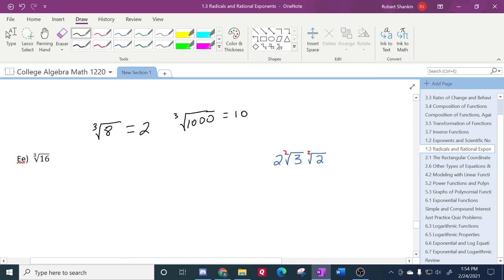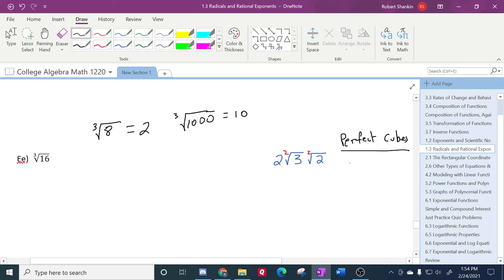Now, when we have cube root of something, we want the number that times itself 3 times is 16, but we're going to have to look at not a list of perfect squares, but perfect cubes to kind of estimate what this answer is.